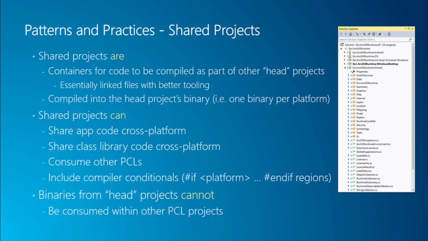And you see that's got a ton of stuff in it. The class library projects have very little in them because there's very little that we need to do that's truly platform specific. There's some map view stuff, there's some scene view stuff, there's a little location data source, listening to location update stuff, but very little. I would say well over 95% of our code is shared using the shared project way of doing things.